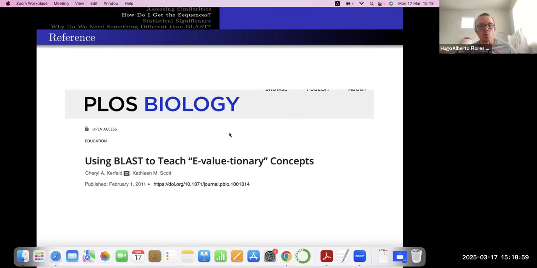Right now, I'm going to start discussing some concepts that we can find in this article that is using Blast to teach evolutionary concepts. This will allow us to understand not just when you are computing this score, whether the score that we're getting is something that we will say is statistically significant.